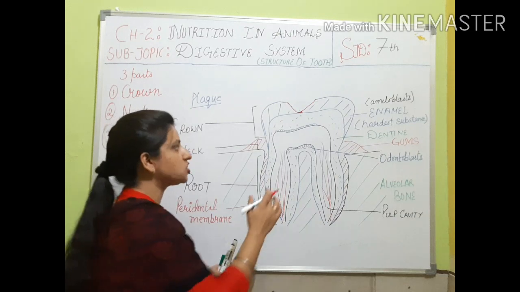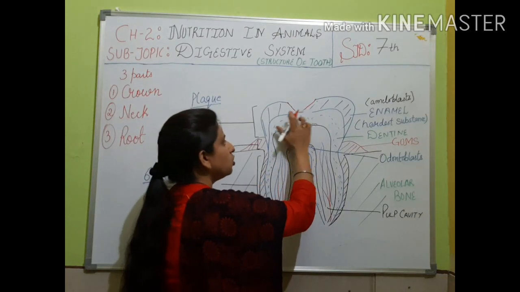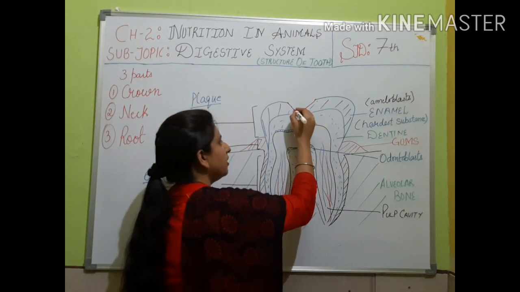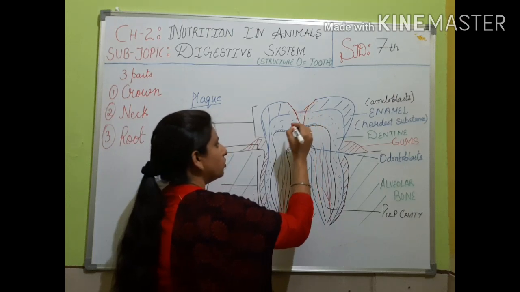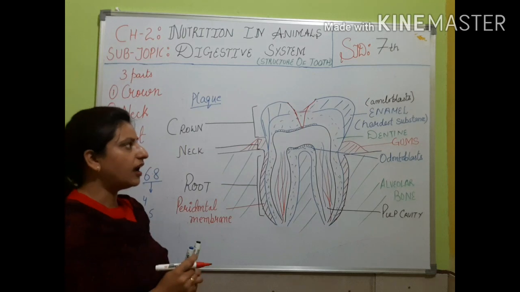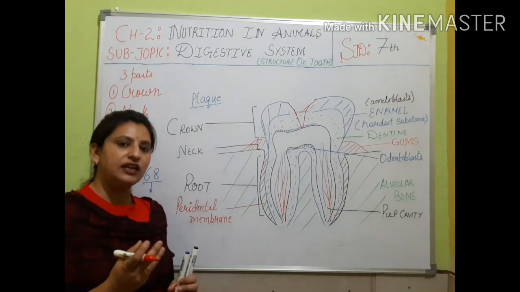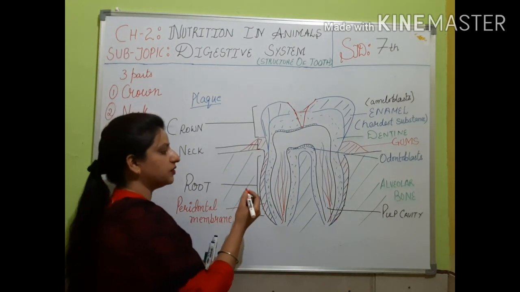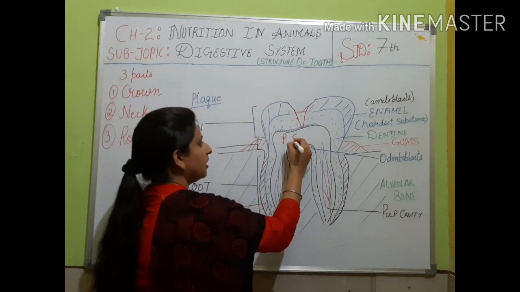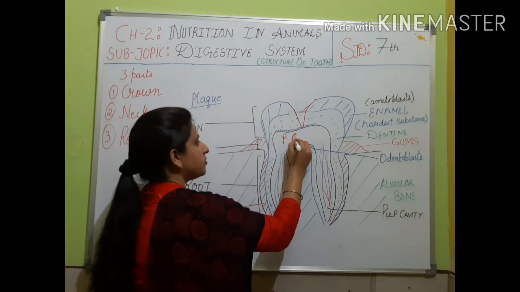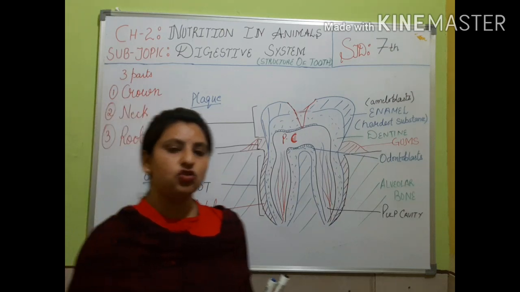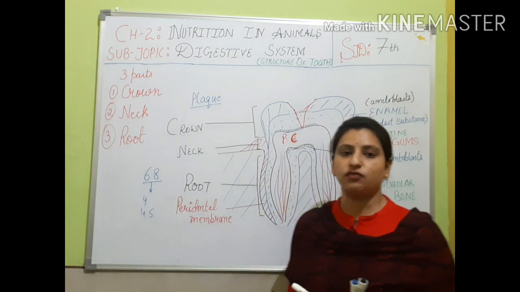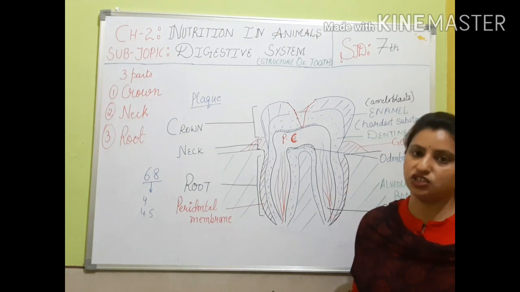If the infection prolongs below this, the dentine also gets infected, and the food item we are eating comes in direct contact with the pulp cavity. At this time it leads to severe pain and we have to look for a dentist.